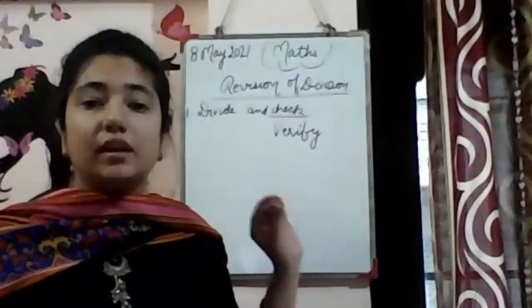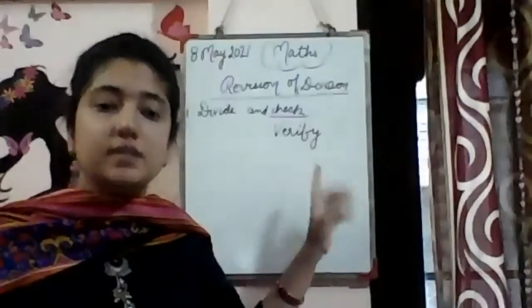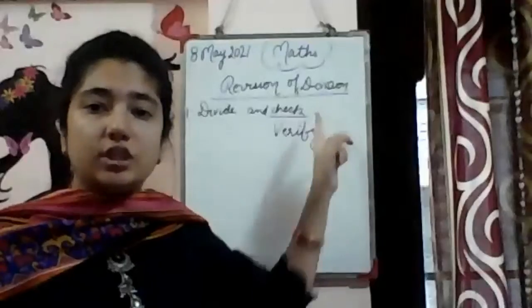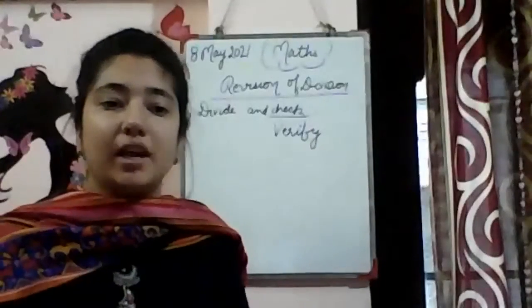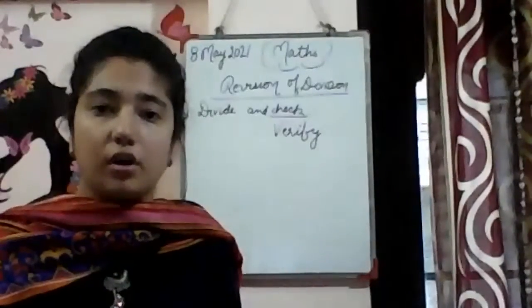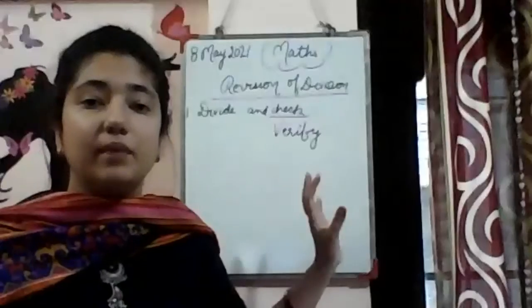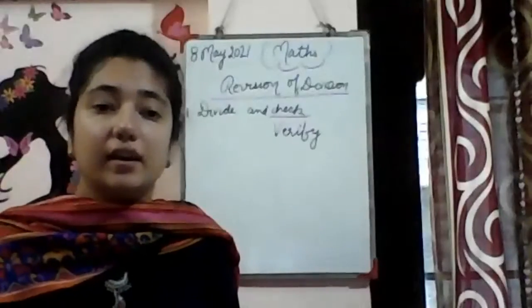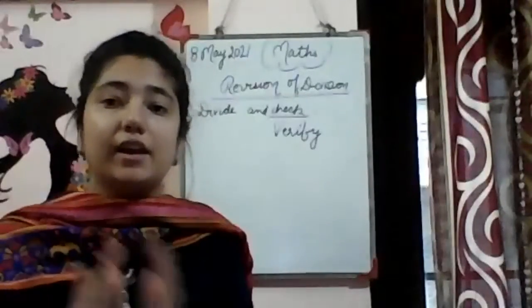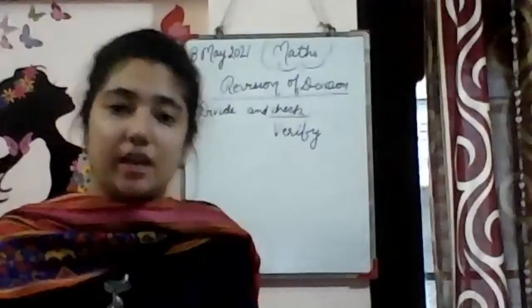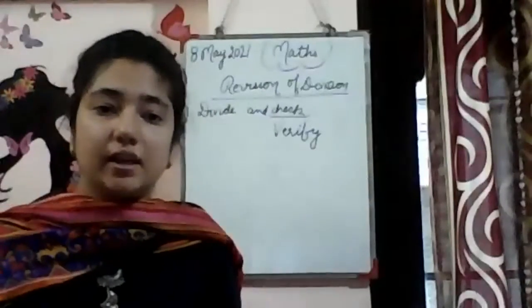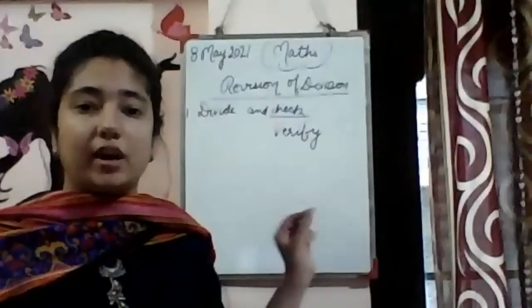Okay, don't get confused between these two words. The meaning of verify and check is same. Check means to check whether our answer is right or wrong. Verify means verification, that you have to verify, you have to check. Verify also has a synonym, check. We have to check whether our sum is right or wrong.